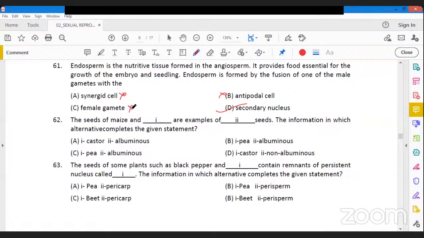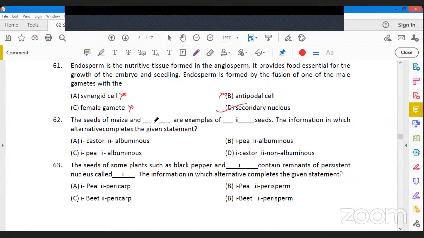Then seeds of maize and dash are examples of dash seeds. Which alternative completes the statement? So seeds of maize and castor, very good.